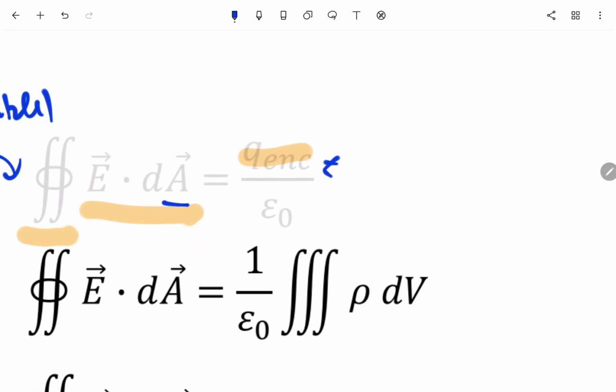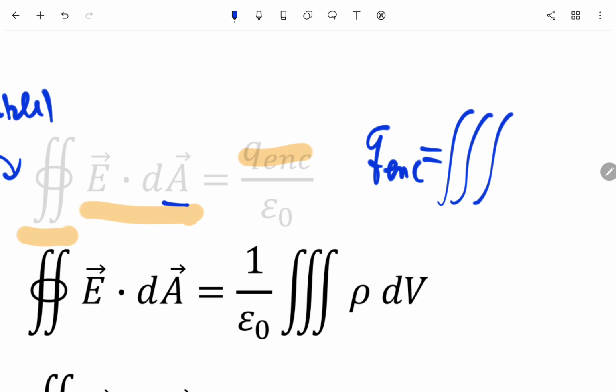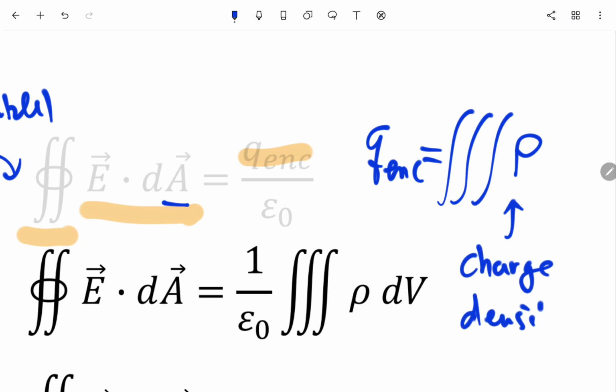So Q enclosed is the charge enclosed by the Gaussian surface. Actually, we try to write this Q enclosed as a triple integral, where this is the charge density, and then dV.